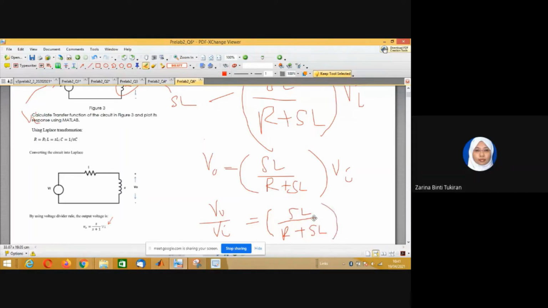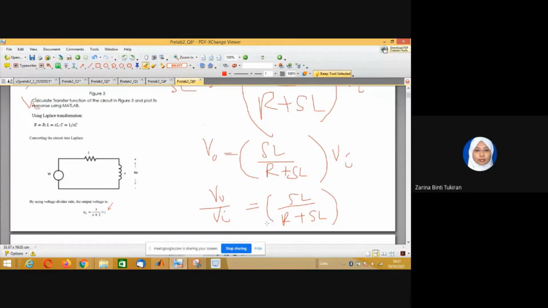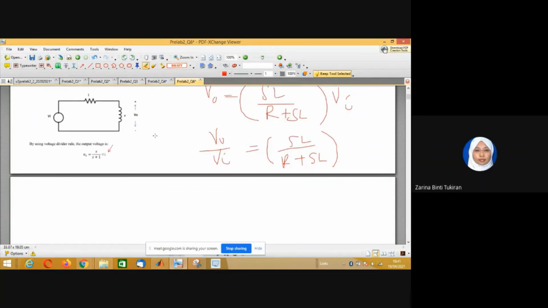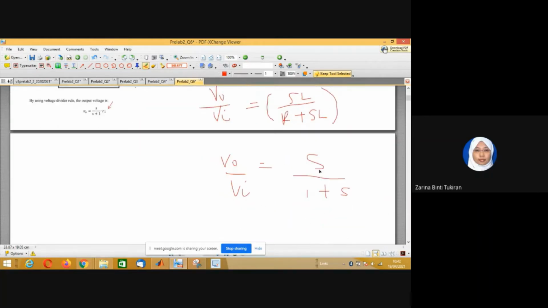Since SL is S and R is 1, we can rewrite this as VO over VI equals S over 1 plus S. So this is the transfer function for this circuit.